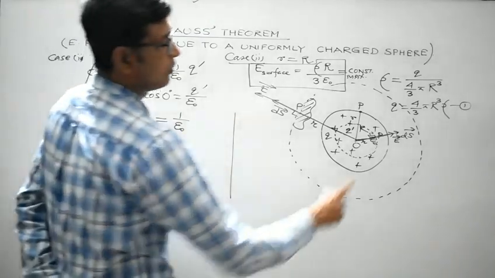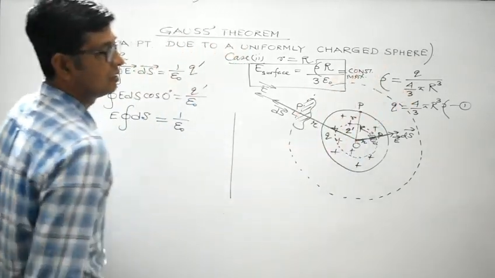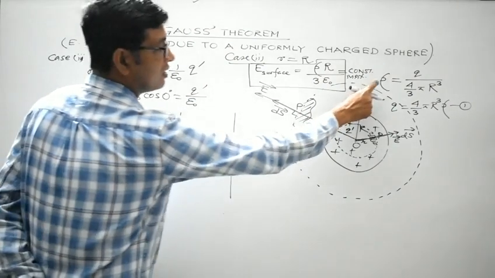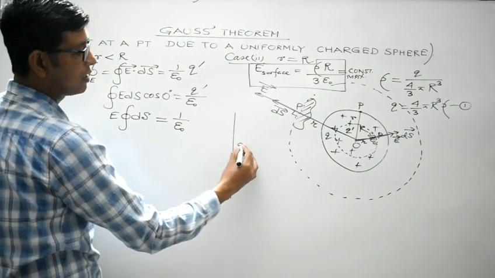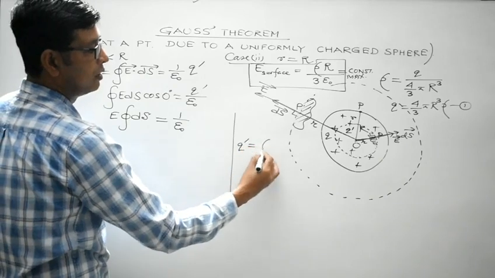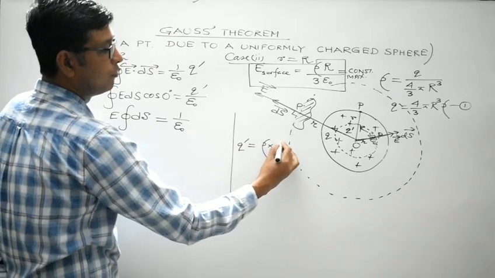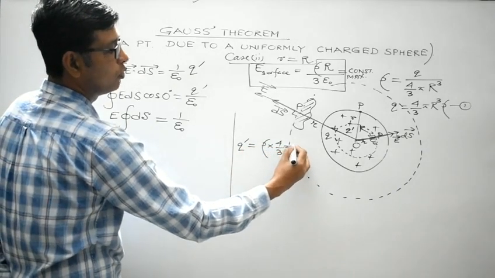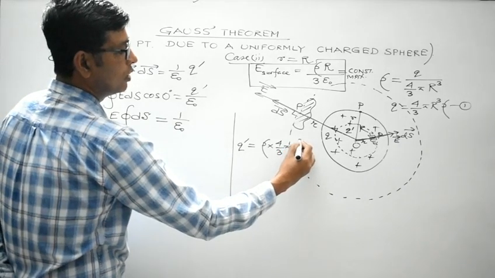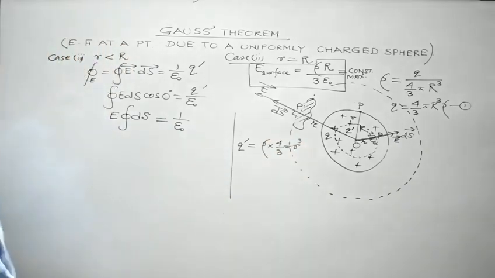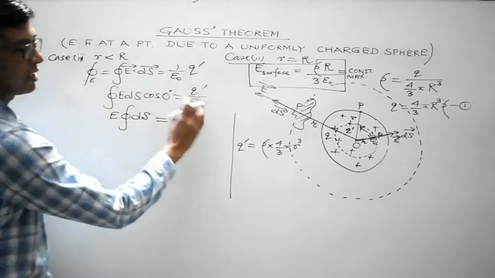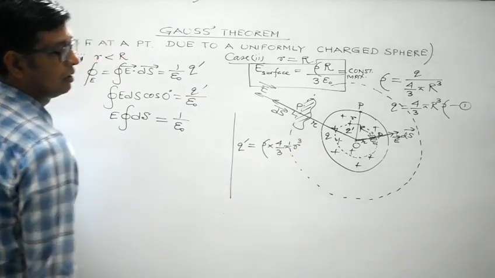Now look, this is the volume charge density, isn't it? So volume charge density is rho. Therefore, charge Q dash would be rho multiplied by the volume of the Gaussian surface, which is 4 by 3 pi small r cube. So Q dash can be replaced by this.